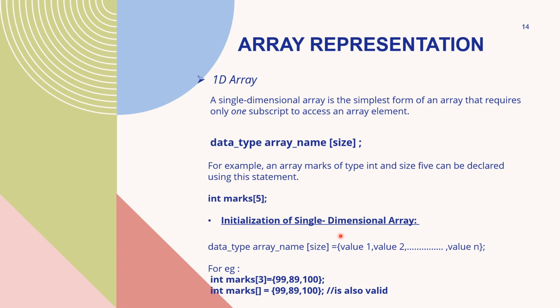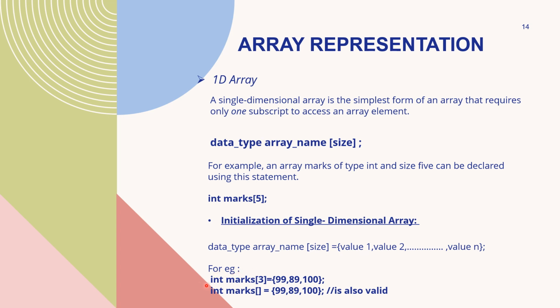So now initialization of a single dimensional array. To initialize, we just need to define the array first, and then initialize it in curly braces, as shown in this particular syntax, that is data type, array name, size in the subscript, equal to, and in curly braces the values which you want to store in that particular array.